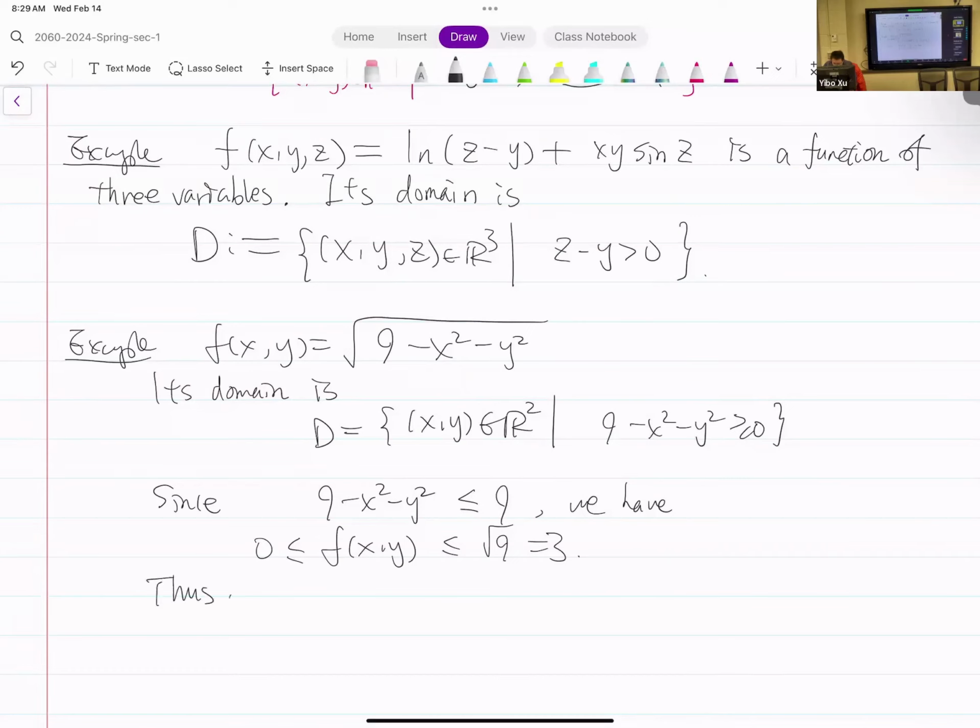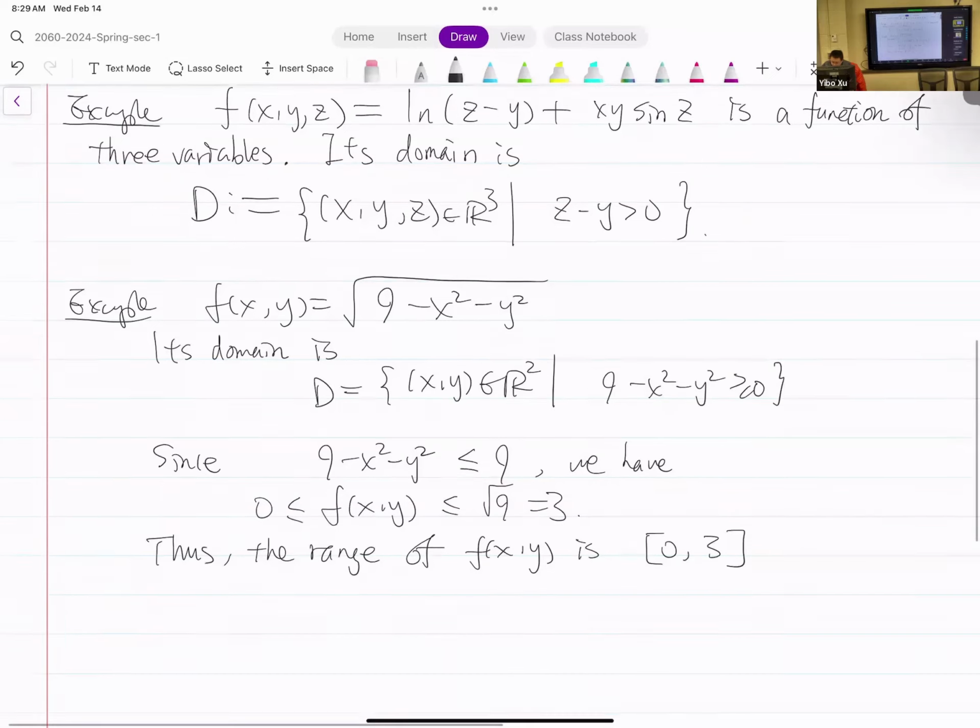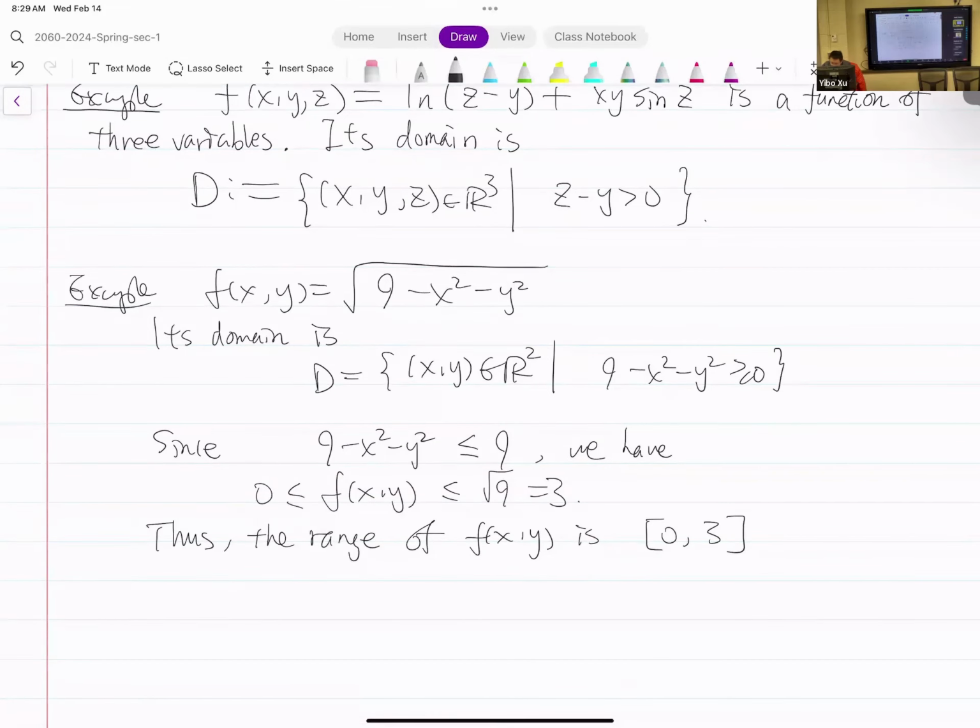Thus, the range of f of xy is the interval from 0 to 3. Okay. So this is the really common interval notation for the parameter, let's say z, if we use z to denote the output of the function.